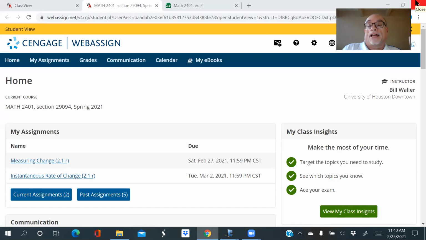Again, you'll have an idea before you start the test how much you're going to have to write down, or how much you don't have to write down. That may become clear when I post the solutions, how much work would be expected to show on certain questions. But I'm going to probably put more detail than you would put. So if I put a lot of detail, that doesn't mean you have to put that many steps.